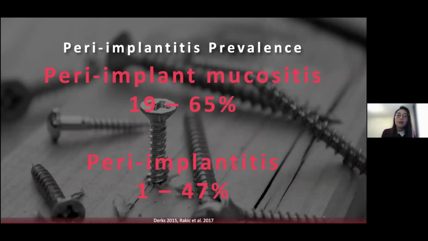And part of the reason for these high rates is that there have been many papers where different clinicians are using different diagnostic criteria for peri-implantitis, and with a lack of baseline evidence to objectively show a difference in probing depth and marginal bone loss.